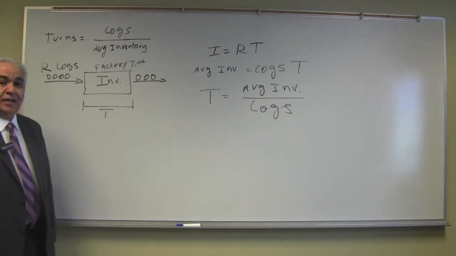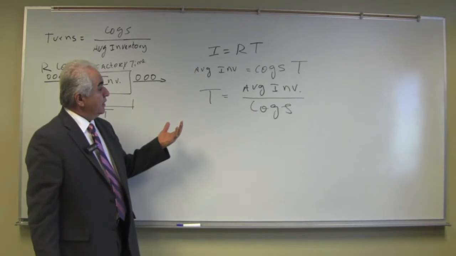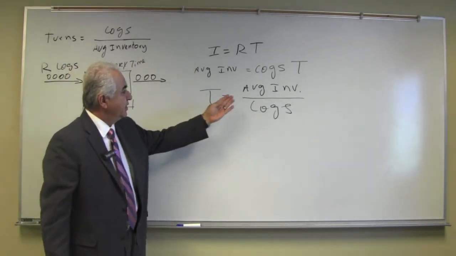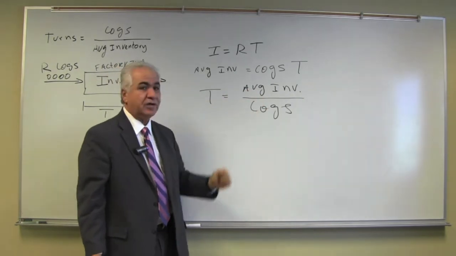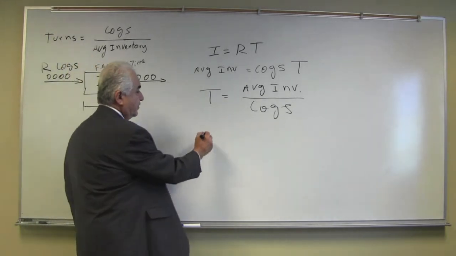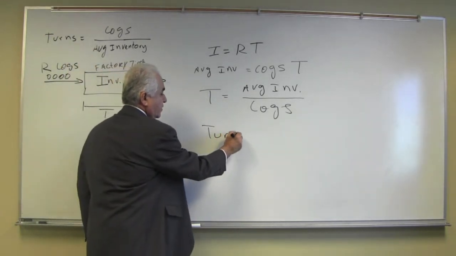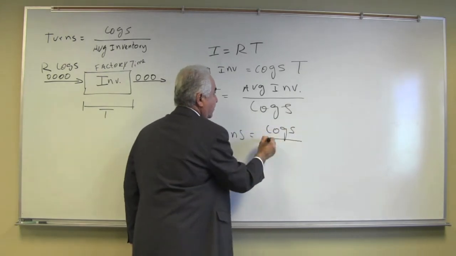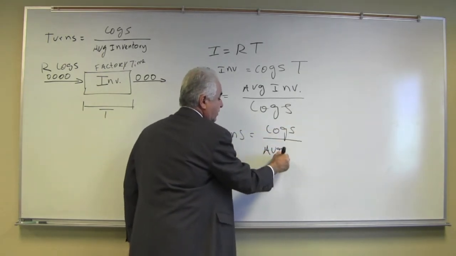Now we have two relationships. One, we have T equals average inventory over cost of goods sold. And we also have turns equals cost of goods sold over average inventory.